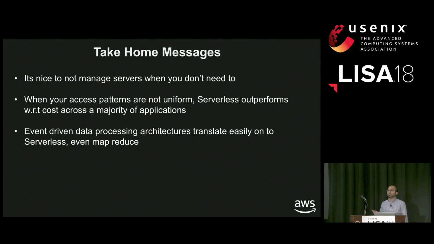Event-driven data architectures fit really nicely. As you've seen through those applications that people have built, it's easy to translate, to manage, and actually build other, more generic applications on top. And the good thing about this paradigm is you have control over the code and the execution units.